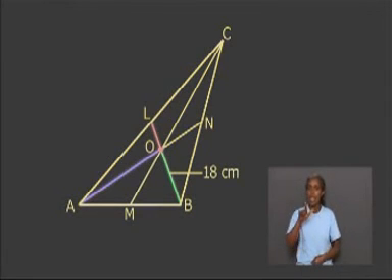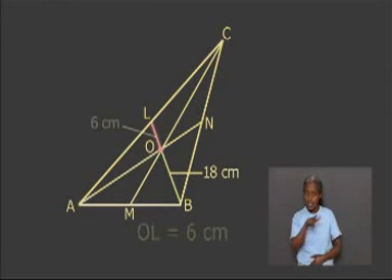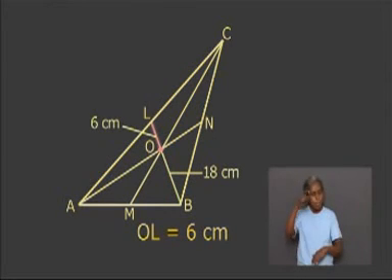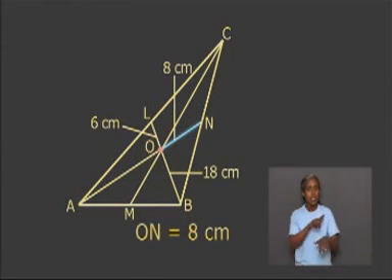Since BL minus BO equals 18 minus 12, line OL must be 6. And since AN minus AO equals 24 minus 16, line ON must be 8.